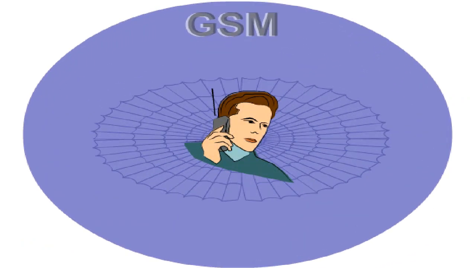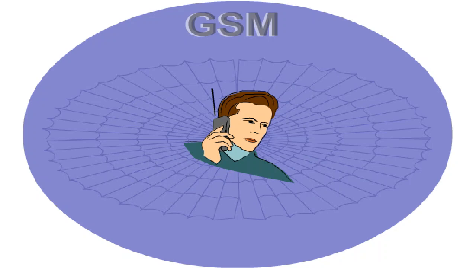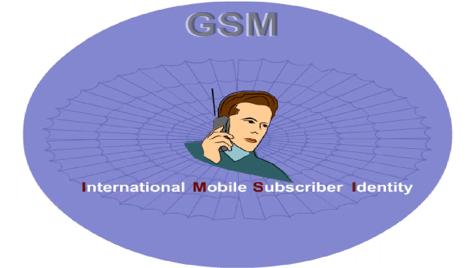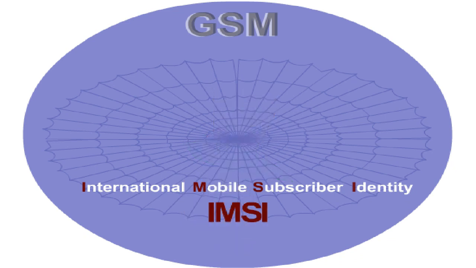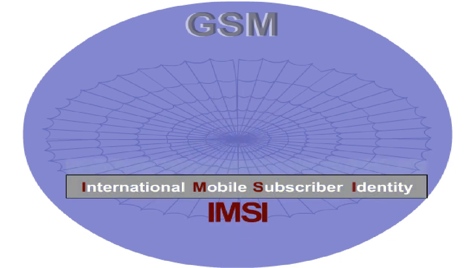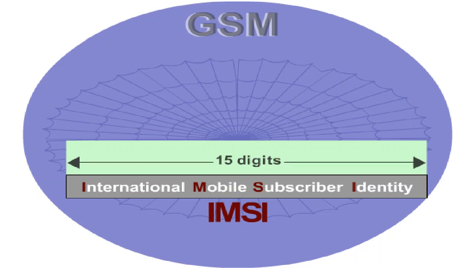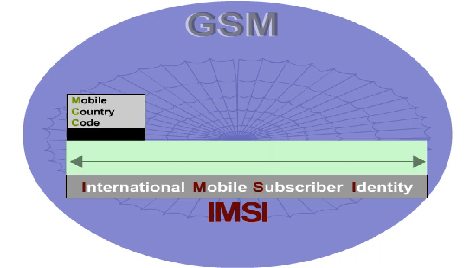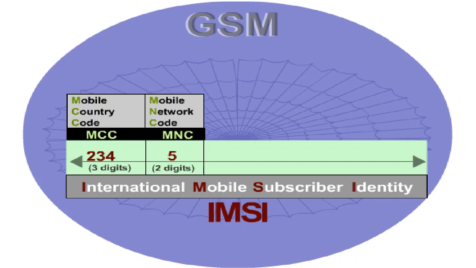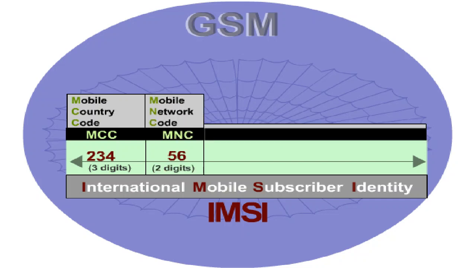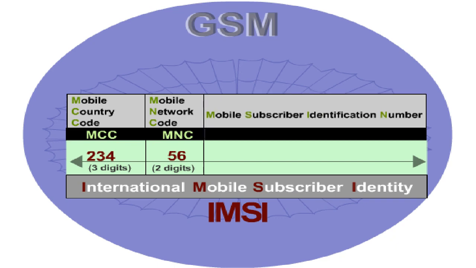To identify a GSM subscriber in a mobile network, each subscriber has its own International Mobile Subscriber Identity, IMSI. The IMSI is of a standard length of 15 digits and is composed of the following elements: a Mobile Country Code, MCC, with 3 digits, a Mobile Network Code, MNC, with 2 digits, and a Mobile Subscriber Identification Number, MSIN, with 10 digits.